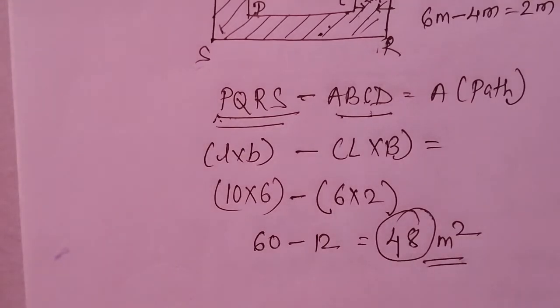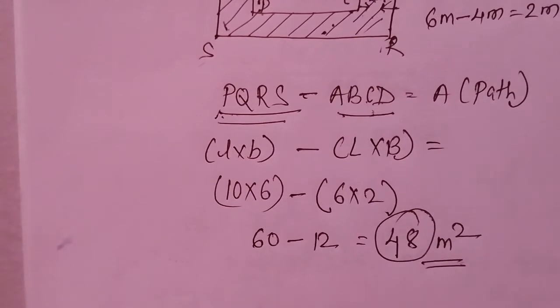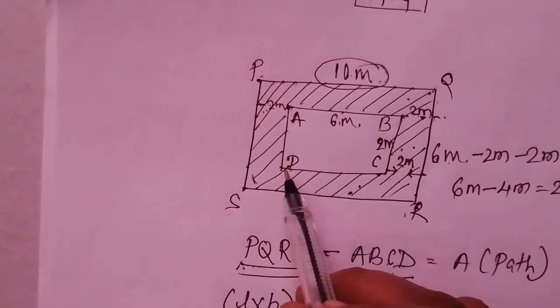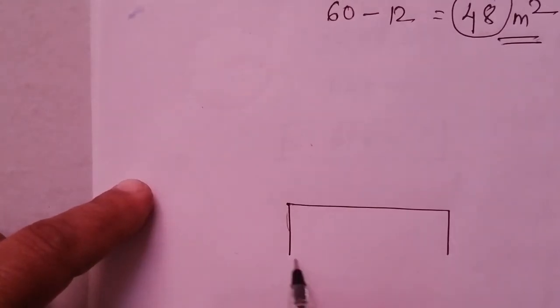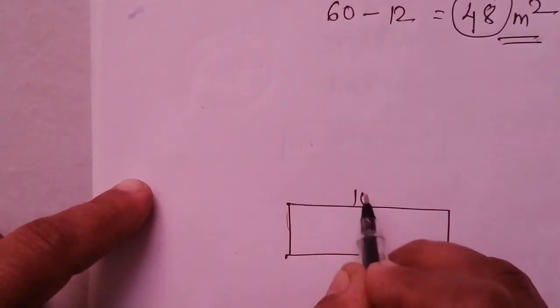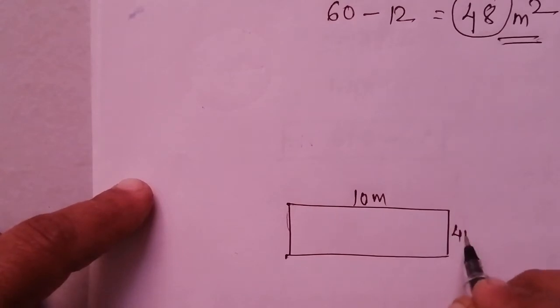Suppose, in this case the flower bed is inside. Now suppose, rather than that, this is a rectangular path, which is 10 meter by 4 meter.